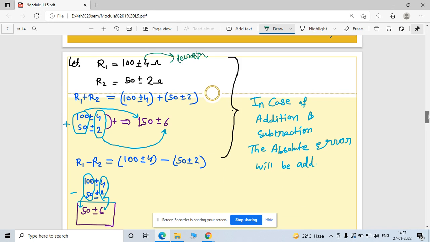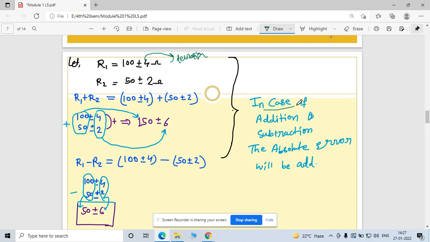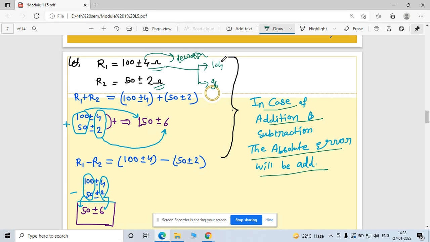When we take division and multiplication, we will see that also in the slide. In the case of addition and subtraction, the absolute errors will be added. This absolute error is denoted in ohms. So what is the possible reading? It is 100 plus 4 and 100 minus 4, so 104 and 96. This is the possible range of your R1.